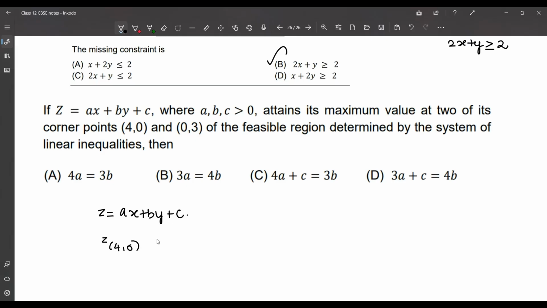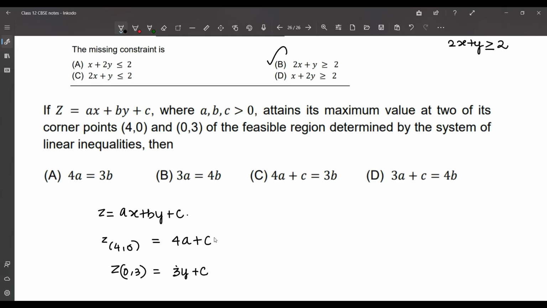So that is equal to 4a plus 0 plus c, 4a plus c, and z of 0, 3, that is equal to 0x plus 3b plus c.